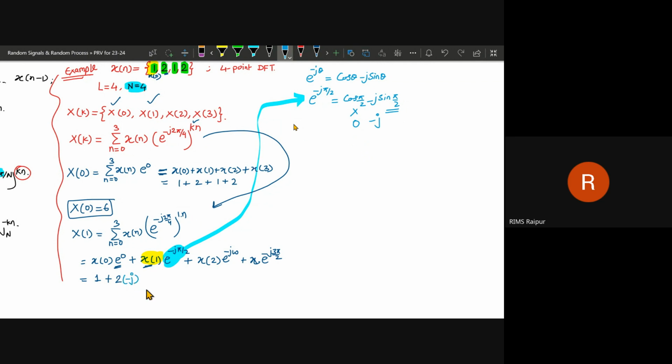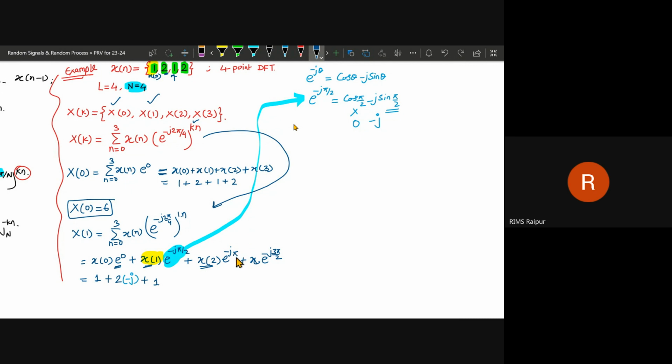Similarly, for the next term it will be plus x of 2. The value of x of 2 is 1, and e raised to power minus j pi. Sorry, I had written omega, but it is in fact pi.